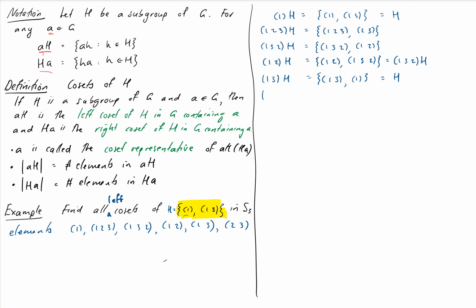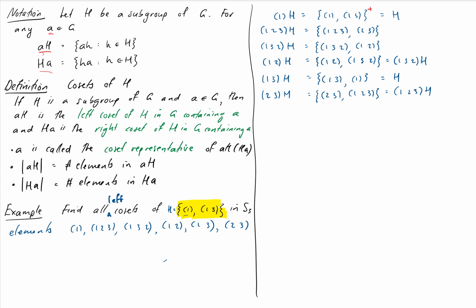And the last one, (2 3) times H, gives me (2 3) and (1 2 3). And I've already seen this one before as well. That's the same as (1 2 3) times H. Alright, so we have our 6 cosets, but actually only 3 of them are unique, or distinct, sorry.